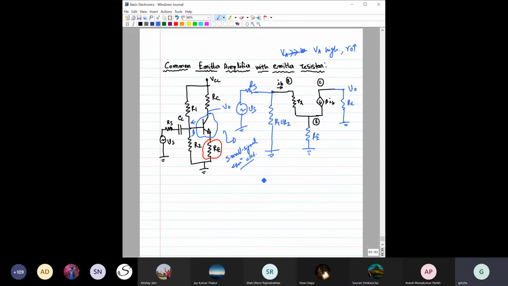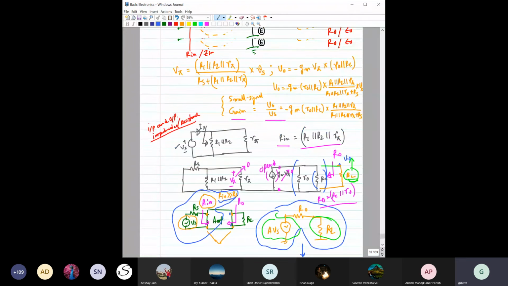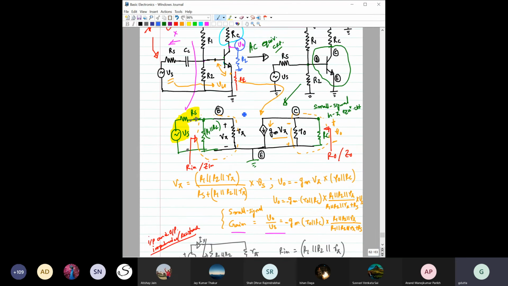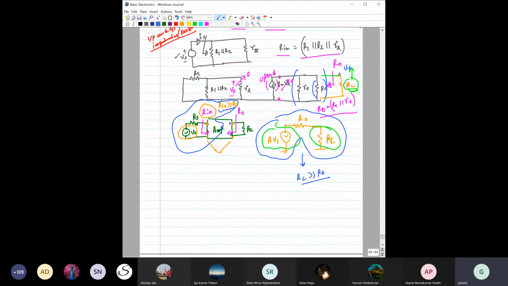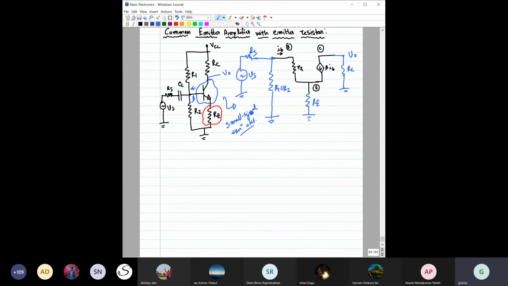Now you see, compared to the previous case, the circuit is now a bit different, right? And you also see the analysis will also be different. And if you have noticed one more change, in the earlier case we used gm and r pi, right? We have considered two different models.